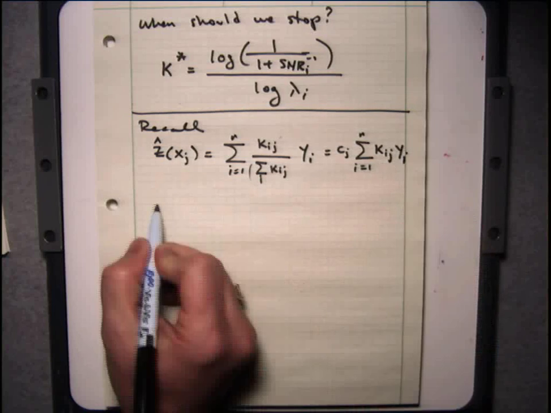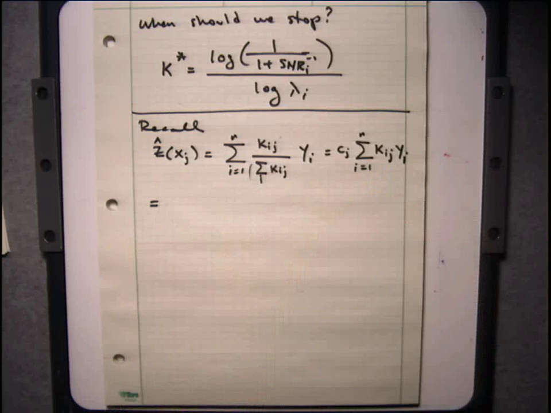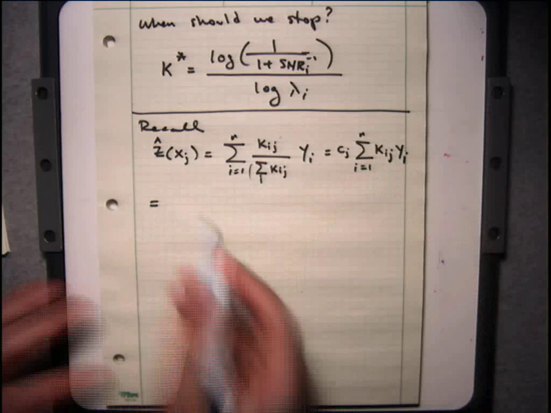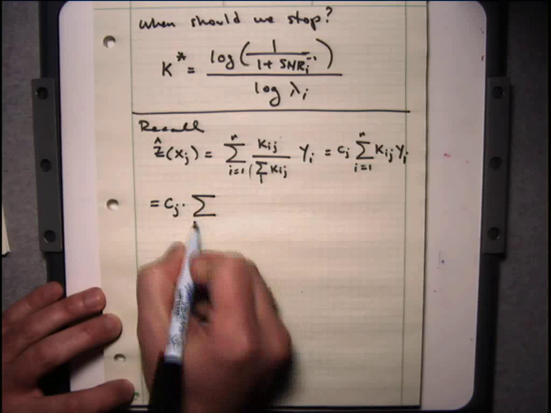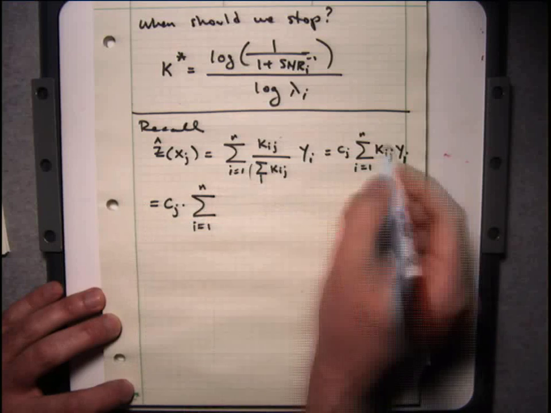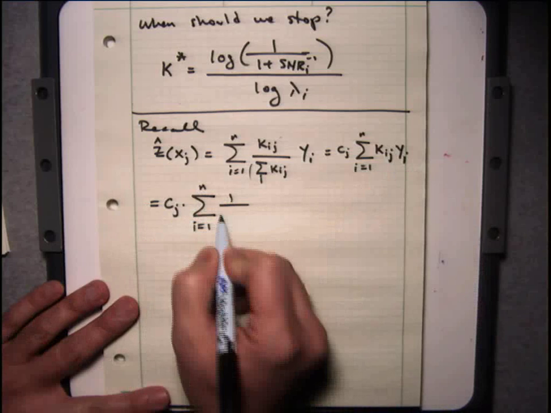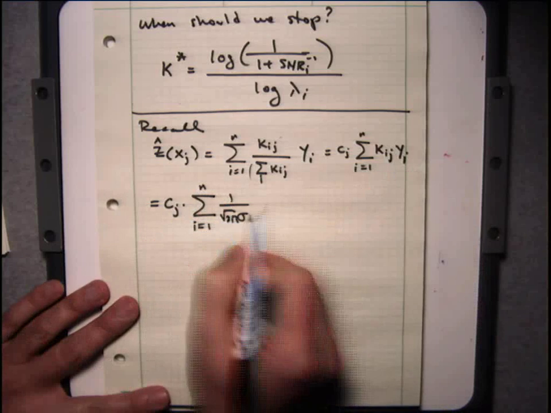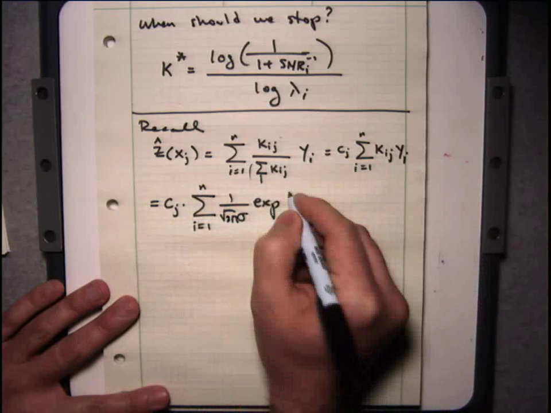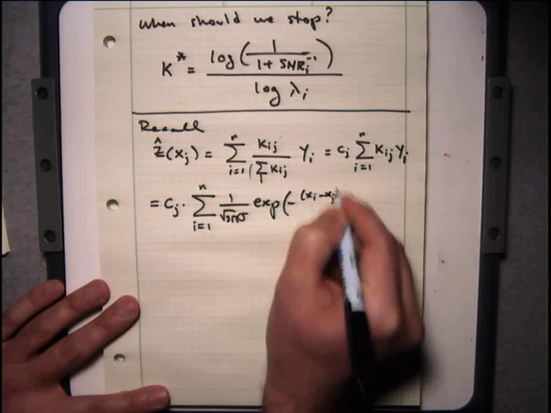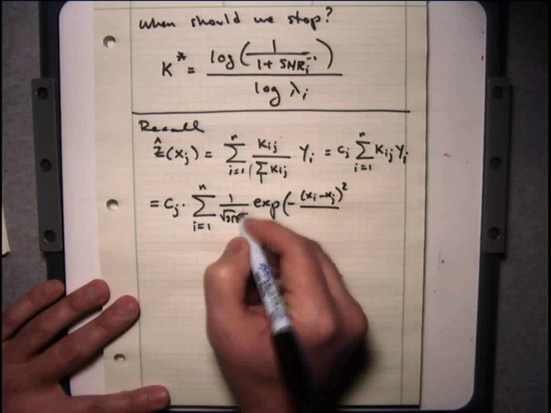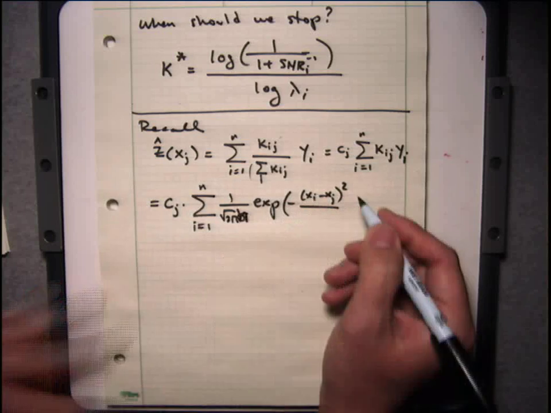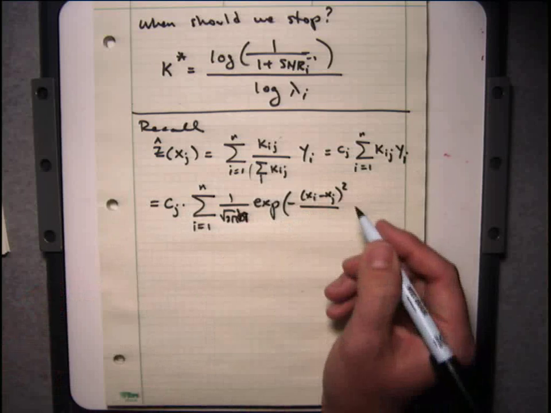But let me remind you that these Kij's were simply values of a Gaussian, right? So if I write this more explicitly, this is Cj times the sum, i equals 1 to n. When we pick this kernel to be a Gaussian, then this was 1 over the square root of 2 pi sigma times the exponential of minus xi minus xj squared divided by 2h squared, times yi. I write h instead of sigma because this is what I call the bandwidth, and I don't want to confuse it with the noise variance.